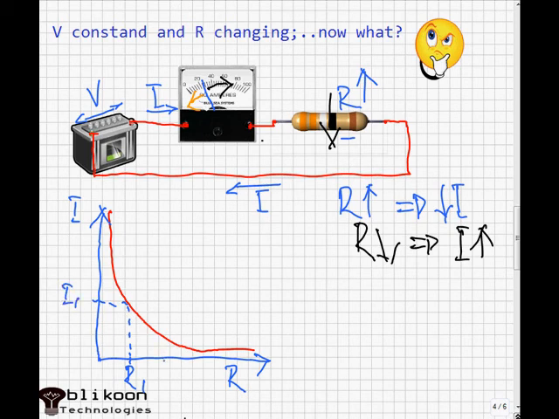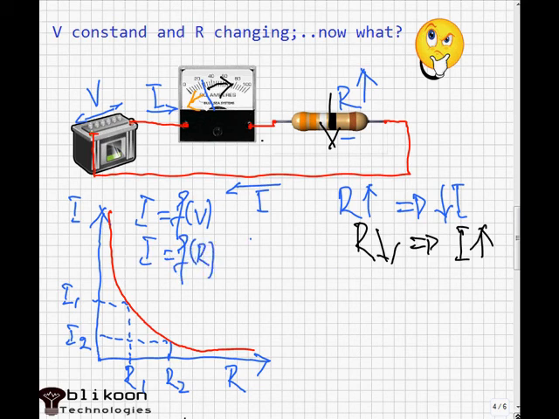But if we go here and say we have R2, the value for current is I2, which is less than I1. The curve we have here is different from the one we have found before because they are two different functions. The first one was current as a function of voltage. This one is current as a function of resistance.